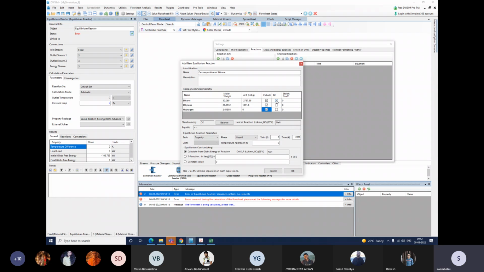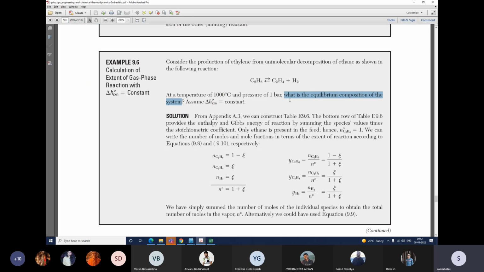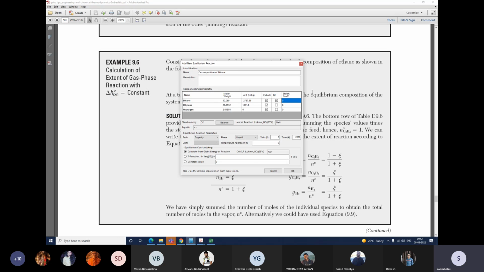So the basis is ethane, and the stoichiometric coefficients for reactants take a minus sign, for products a plus sign. Here the reaction is C2H6 gives C2H4 plus hydrogen. So the reactant is ethane and the products are ethylene and hydrogen.